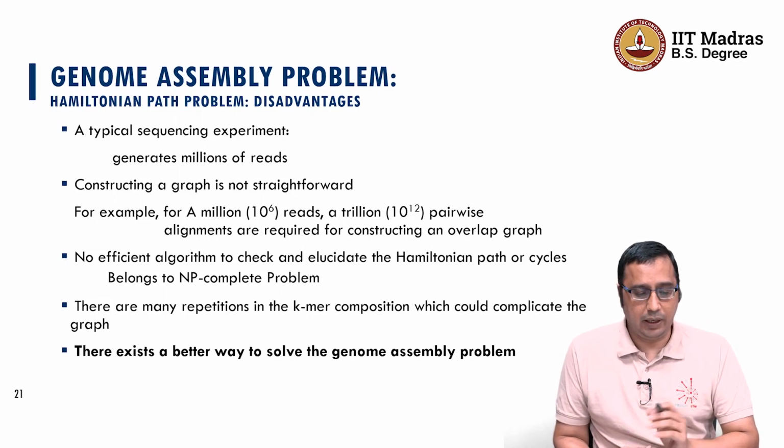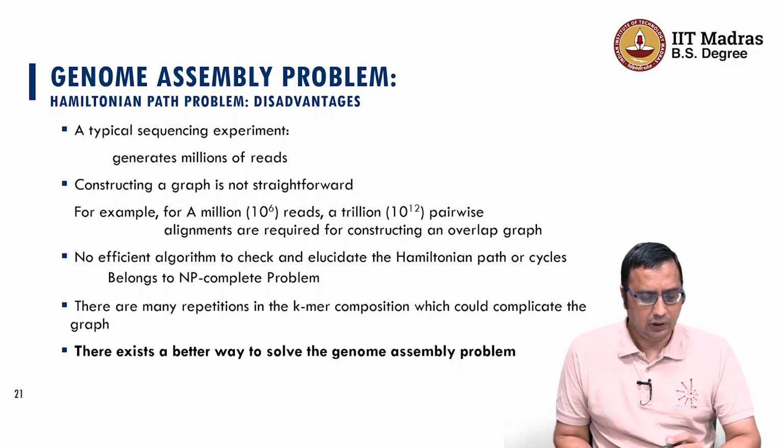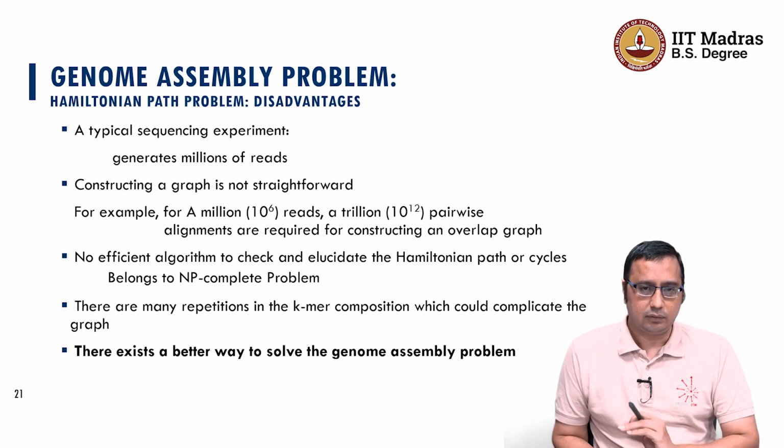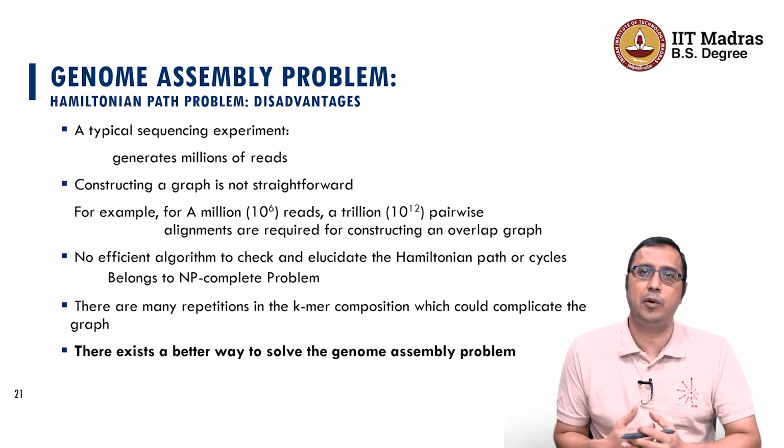Once we do that, we have to find a Hamiltonian path or cycle to find out a reconstructed sequence. And there are no efficient algorithms available to check and find Hamiltonian paths or cycles. The reason is that the Hamiltonian path problem belongs to the NP-complete problems, for which we do not have efficient algorithms available to solve.